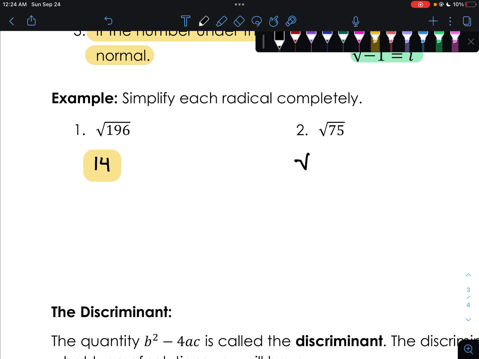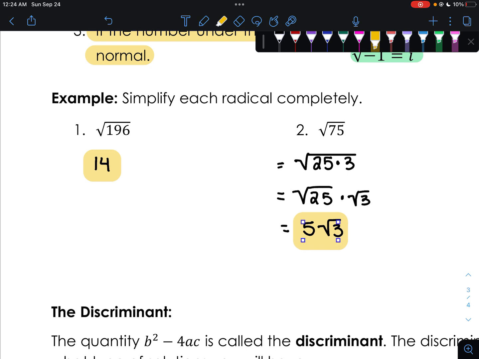We break 75 into 25 times 3, because 25 is a perfect square. So we go the square root of 25 times the square root of 3. The square root of 25 is 5, and the square root of 3 is not perfect, so it stays 5 rad 3, and that is how you simplify a radical.